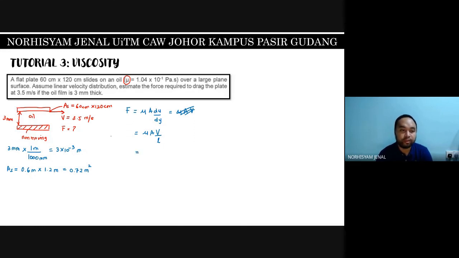So you can get the numbers from here. Mu is 1.04 times 10 to the power of -1. The area is 0.72. The velocity is 3.5. And then you divide by the thickness, which is 3 times 10 to the power of -3.